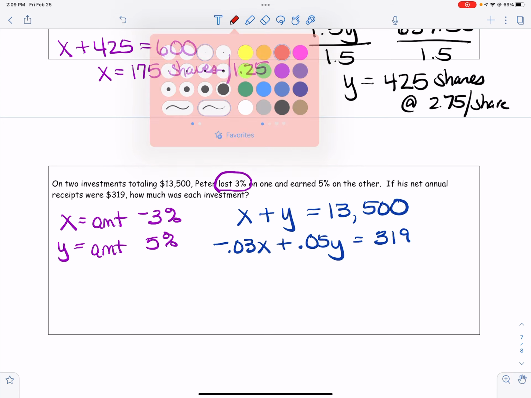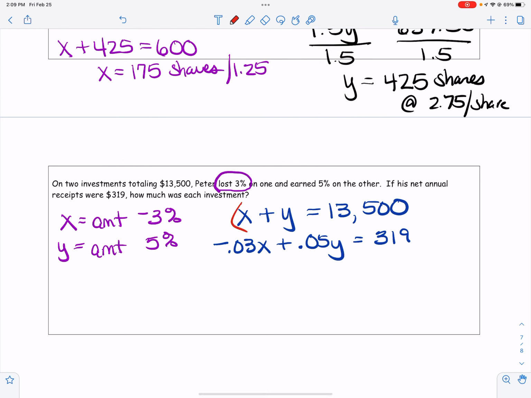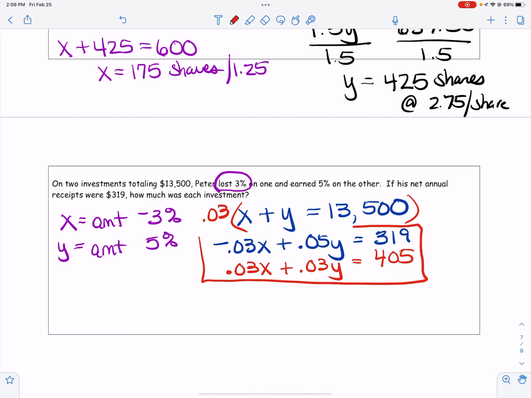So we're going to multiply this top equation by 0.03. So that gives me 0.03x plus 0.03y is equal to 405.